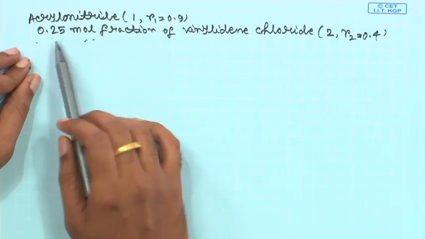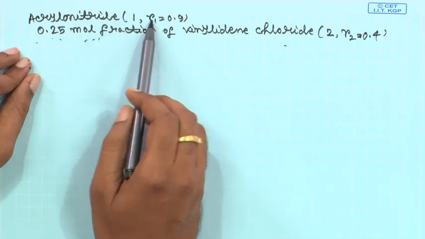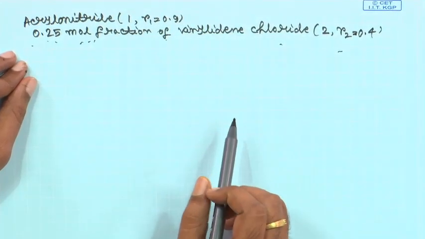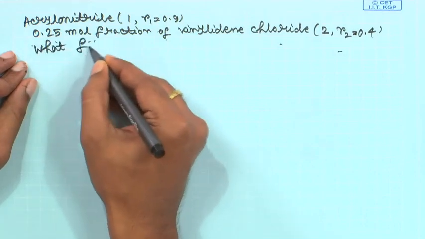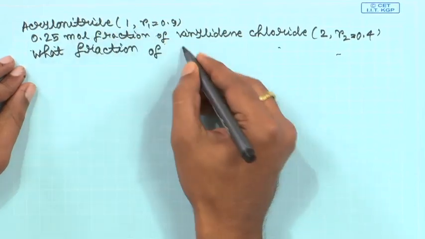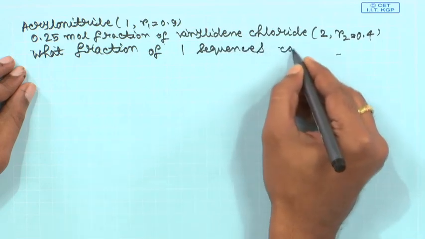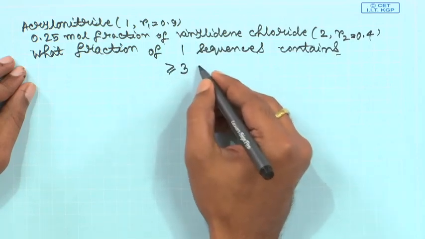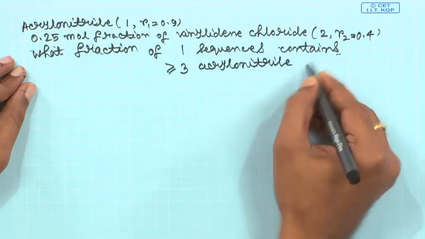So, you have 25 mole percent of monomer 2 and the rest, that is 75 mole percent, of monomer 1 present, and correspondingly these are the R1 and R2 values. Okay. So, now the question is: what fraction of monomer 1 sequences, or acrylonitrile sequences, contains greater than or equal to 3 acrylonitrile units?